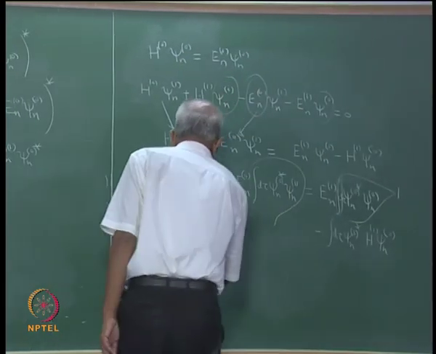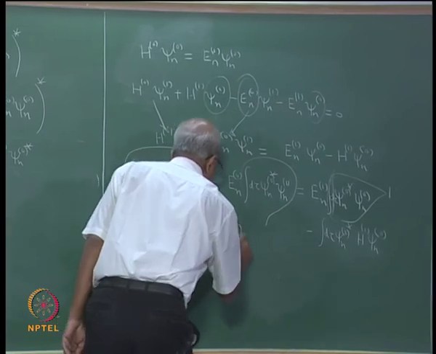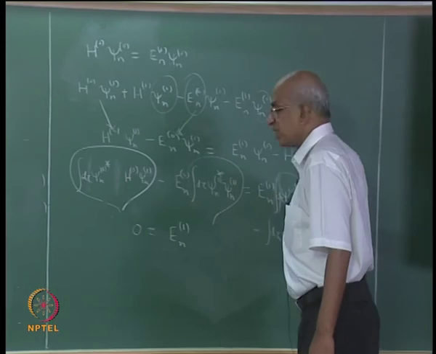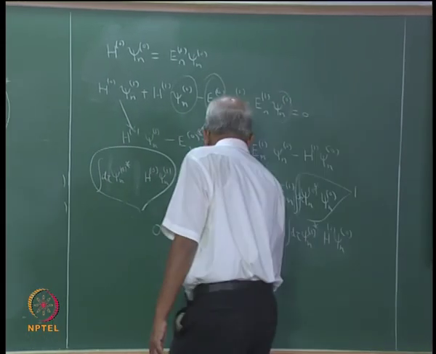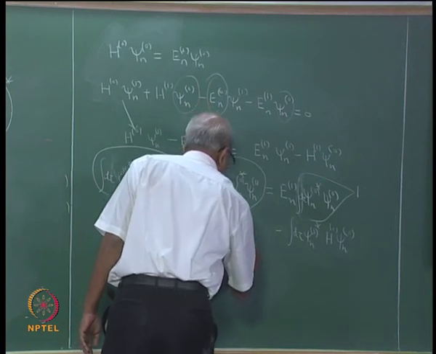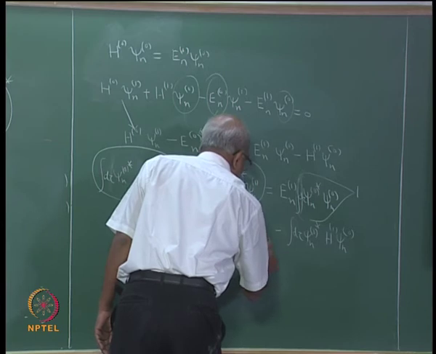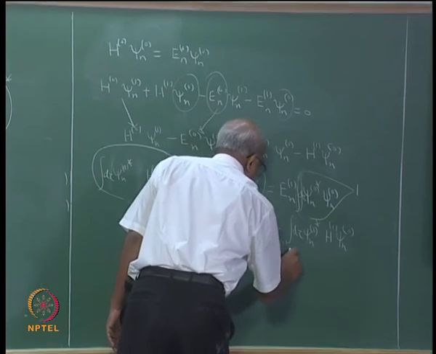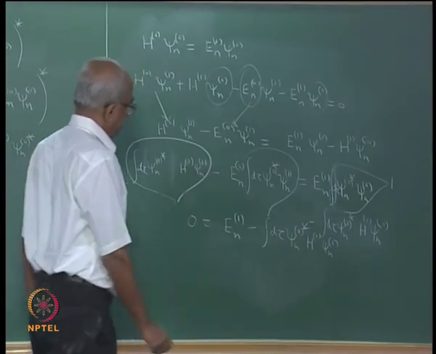I am left with 0 equal to E n1. This term we have said is equal to 1, minus the integral d2 psi n0 star H1 psi n0.